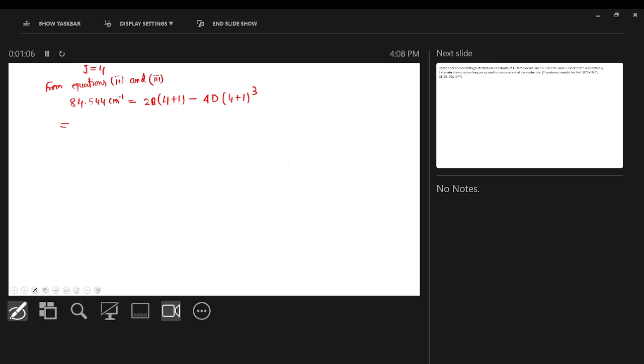Okay, so we can write this as 84.544 centimeter inverse equals 2b into 5 minus 4d into 125. So I will call this equation 5. Similarly, from equation 3 we can get something like 355 centimeter inverse is equal to 2b into 6 minus 4d into 216.